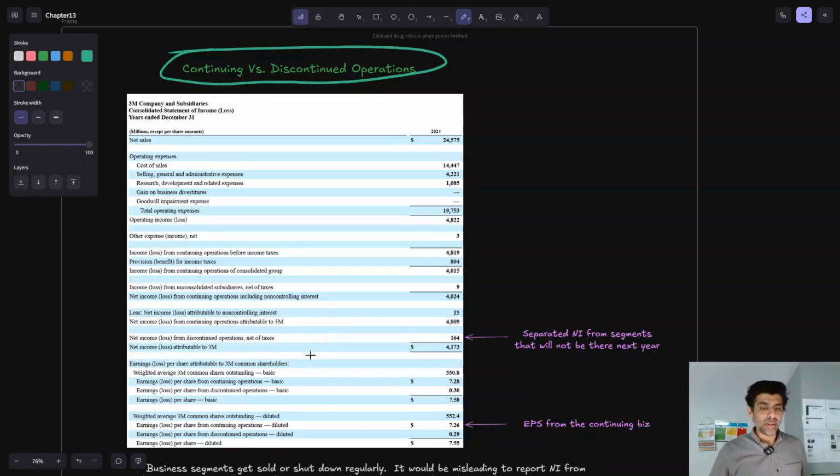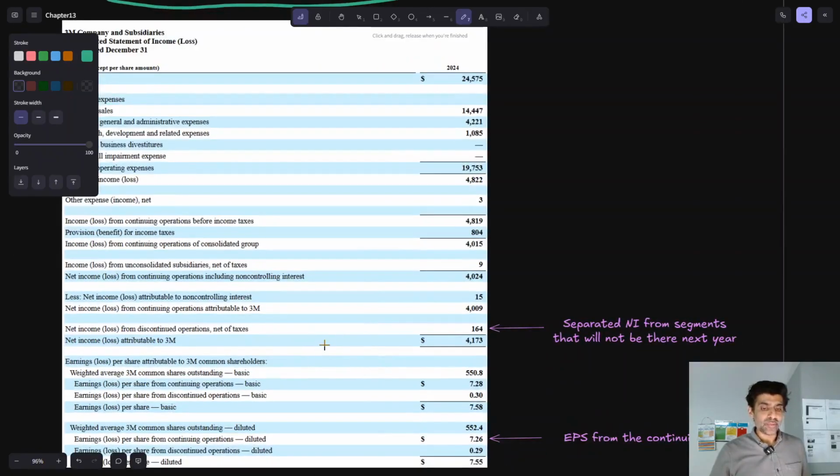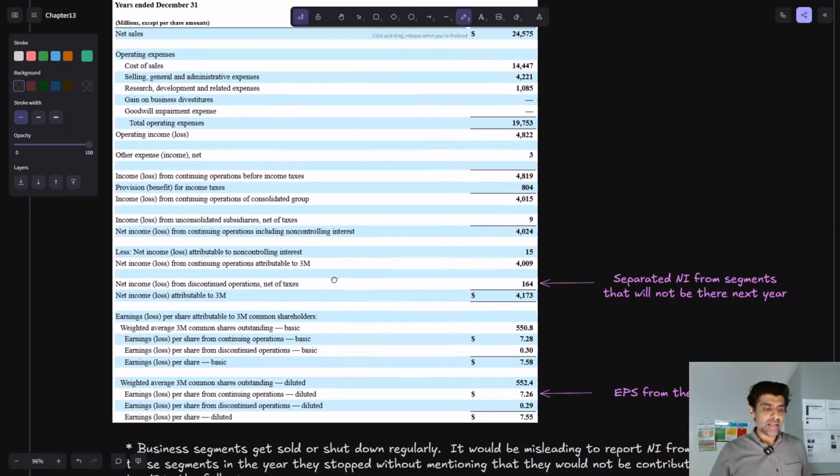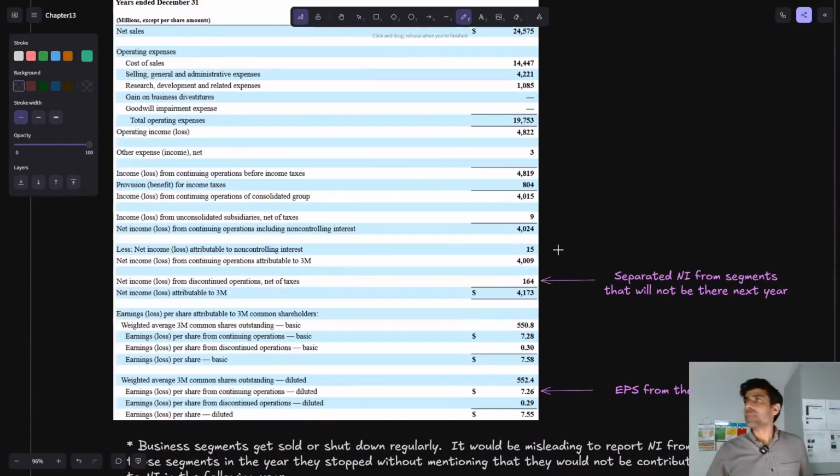So what a company will do is break out any of the income attributable to discontinued operations. So you can see here that this is for 3M.